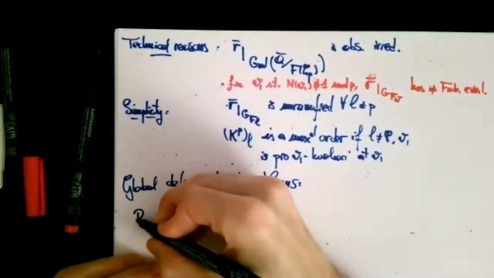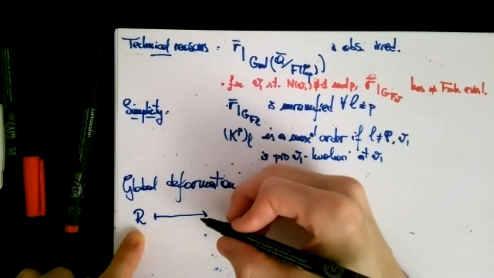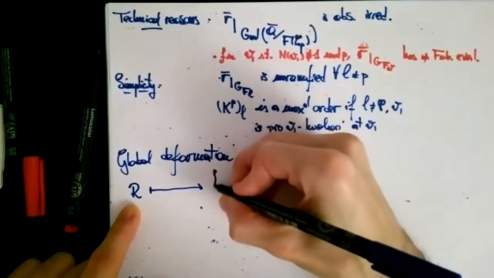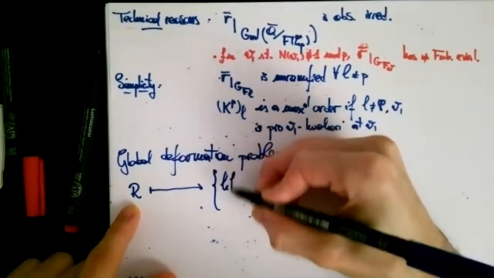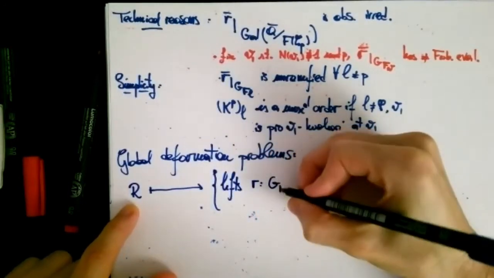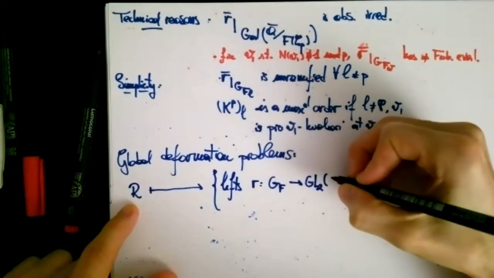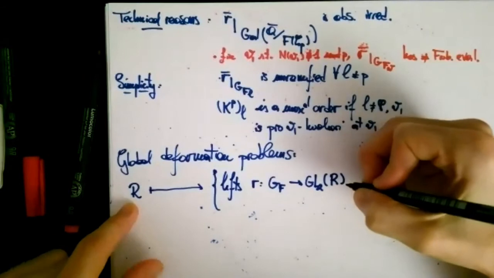So we consider the deformation problem which associates to R, a complete local Noetherian O-algebra, the lifts of rho bar from G_F to GL2(R).